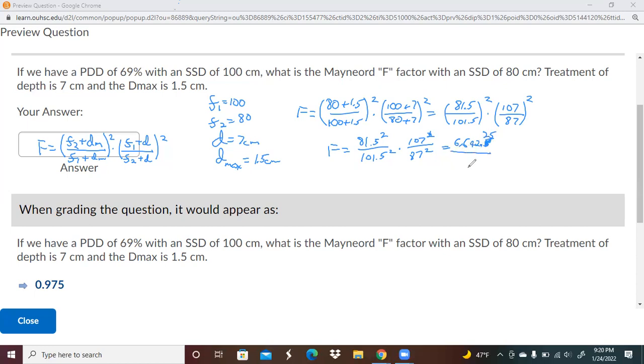On the bottom, the 101.5 squared, let's try that. All I'm doing is typing this into my iPhone calculator. Let's see, 10,302.25. And that'll be multiplied by 107 squared.